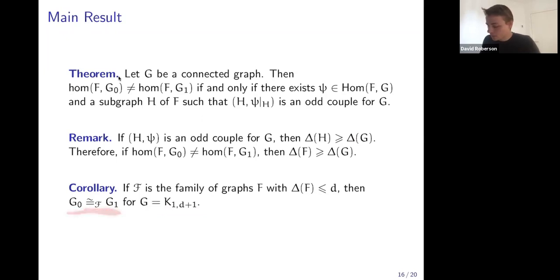That's because by this remark, any graph that has a different number of homomorphisms to these two graphs has to have degree at least D+1, so it can't be in the family F. Great.